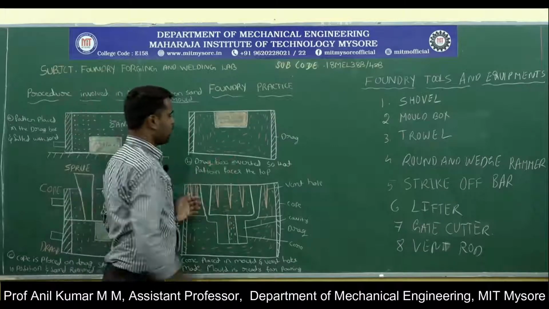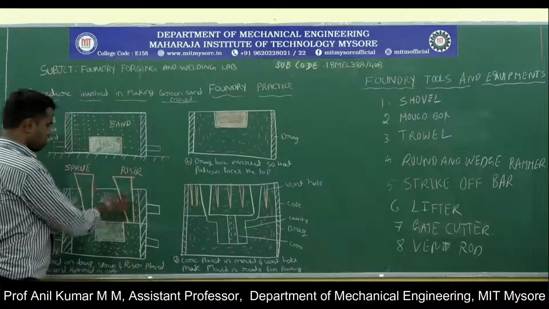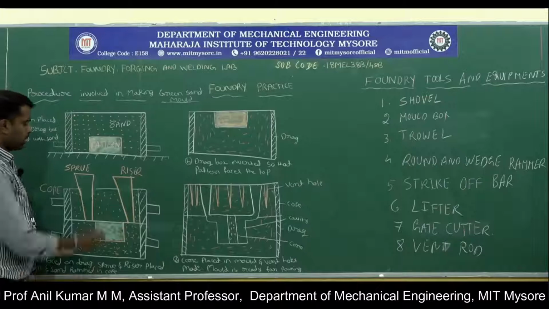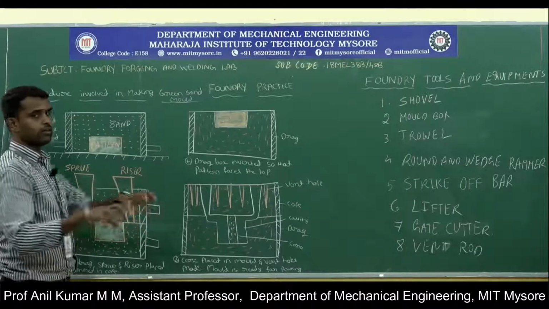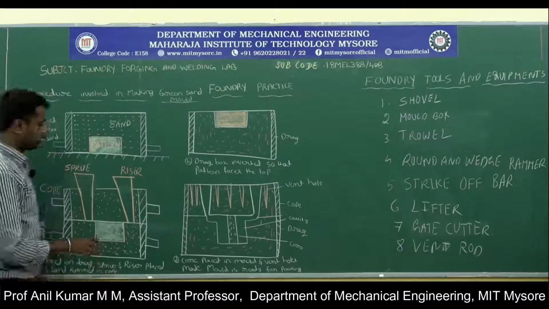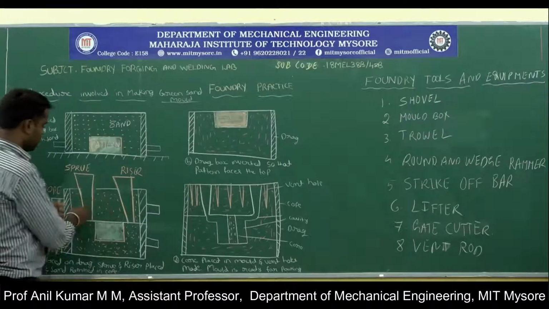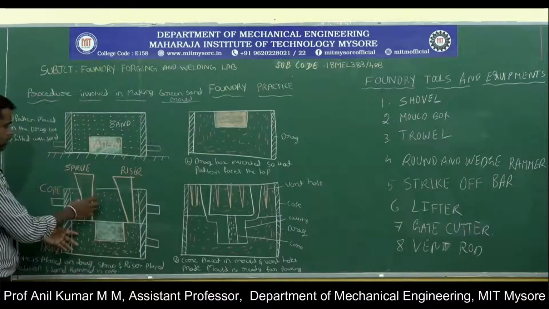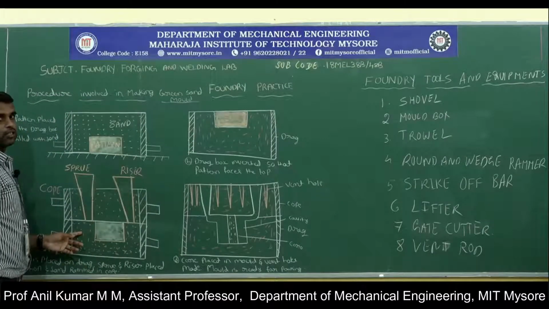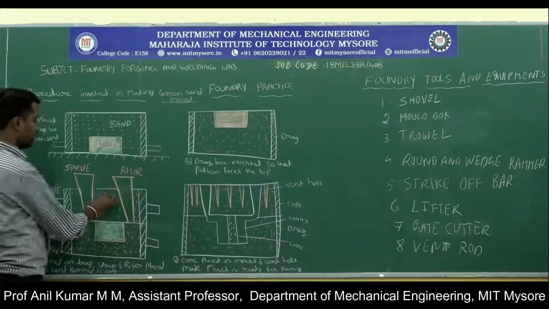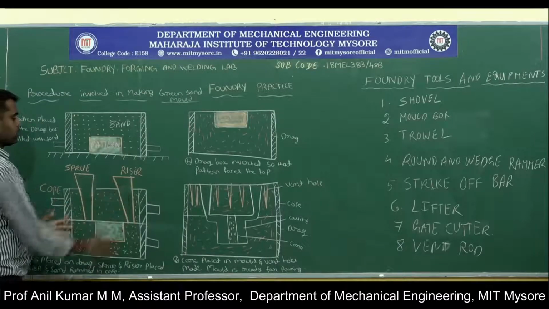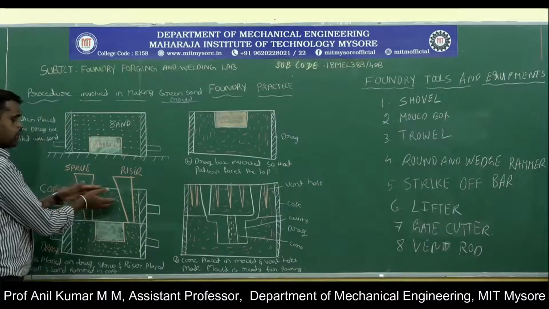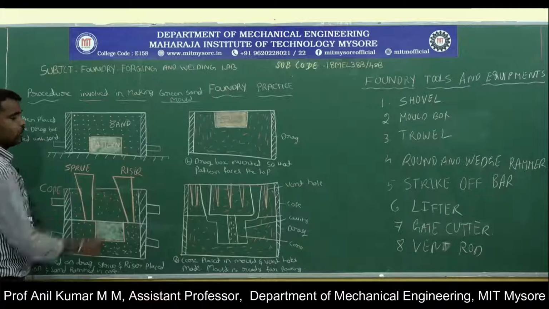After that, you have to place the cope box over the drag box, and then the suitable sprue and riser will be located at the appropriate, required positions. Next you have to fill the sand around the sprue and the riser, and it completely fills the sand into the cope box.